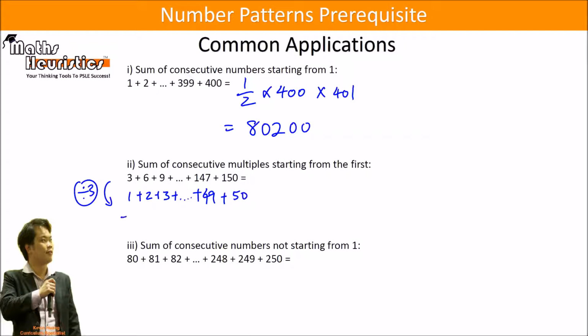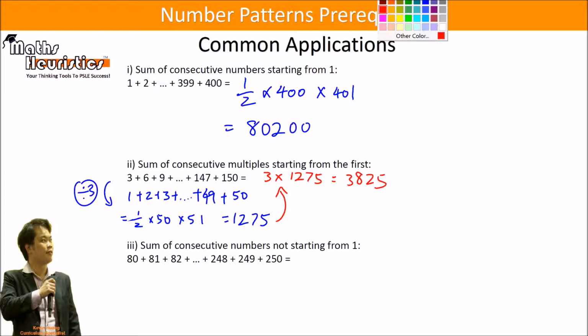So I'll find this out first. This is half times 50 times 51. So that will give you 1275. Now just now we divided this by 3, so we will have to multiply it back by 3 to get the full answer. So this will be 3 times 1275, and that will give you 3825.